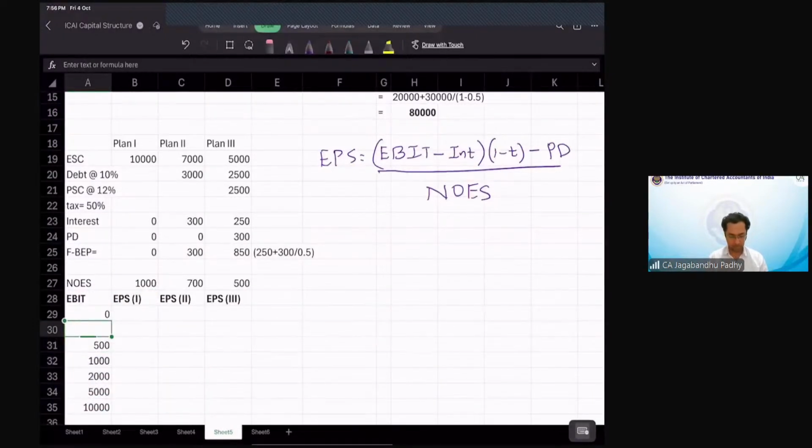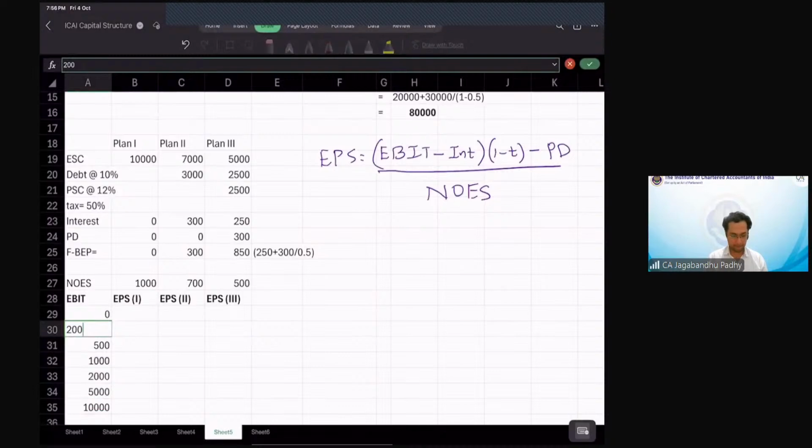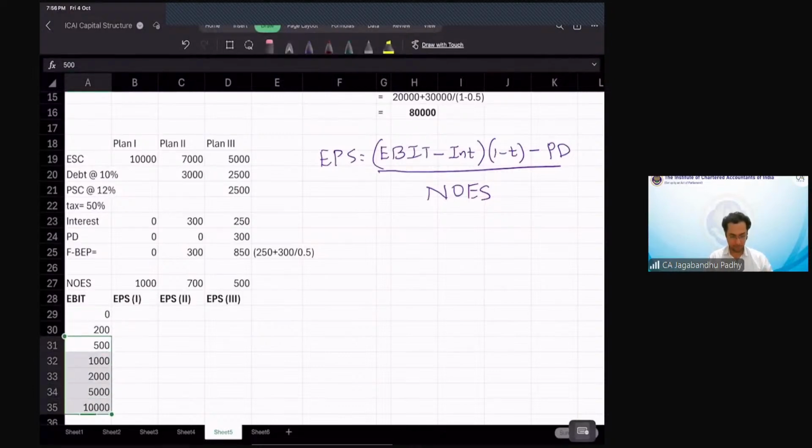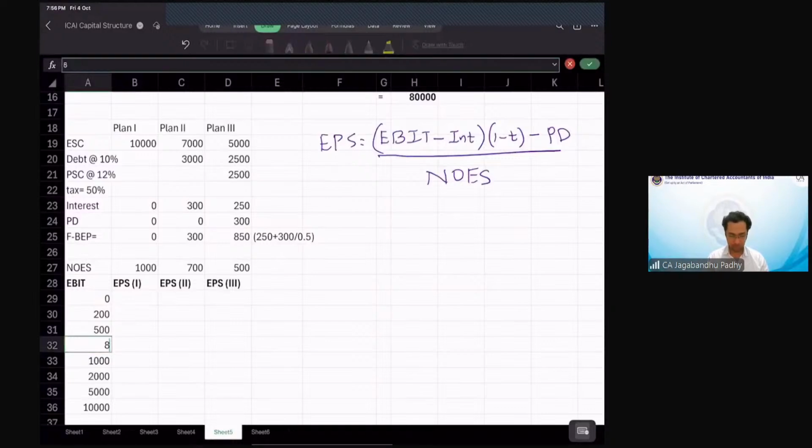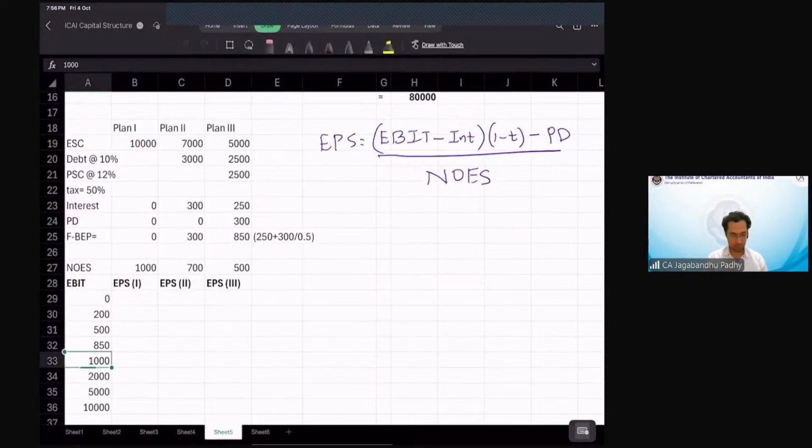If EBIT is 0, what will be the EPS for all the three plans? Tell me the EPS for all the three plans.